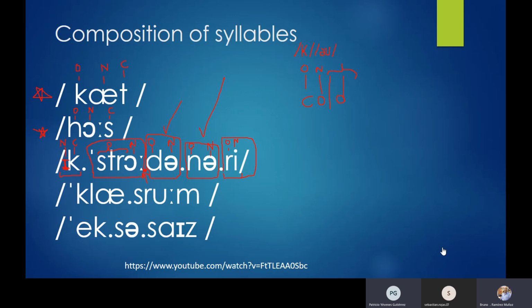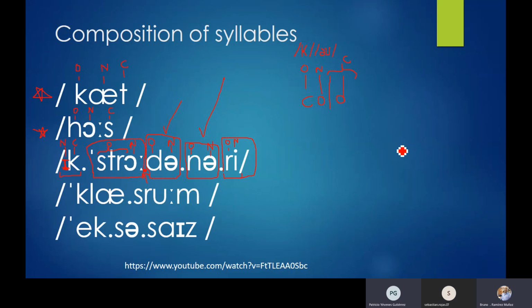Exactly. What do you think about the rest, Sebastian? It is the coda, I think. Yeah, I think that in this example we have two codas, I mean, the L sound and the D sound.